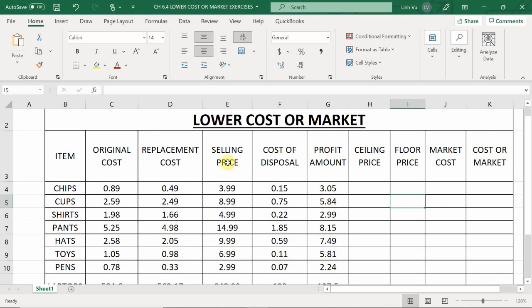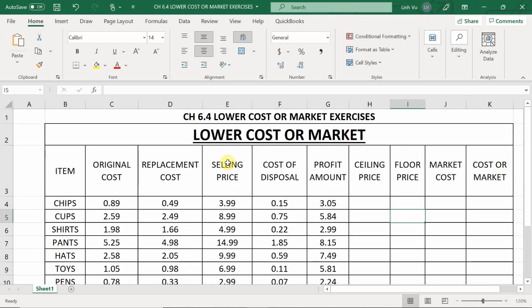So for the very first example here, we purchased chips. Of course, we purchased them at 89 cents. Maybe this is a limited edition chip. Oftentimes chip companies test out a flavor and a month later it's not doing well, so they take it off the shelf immediately. So that's what happened here.